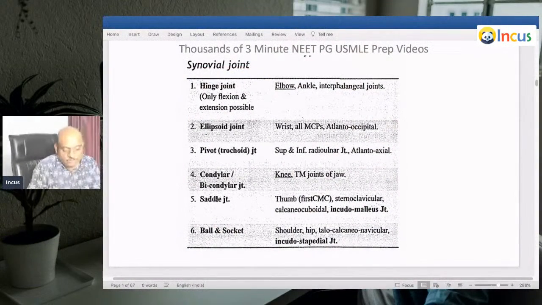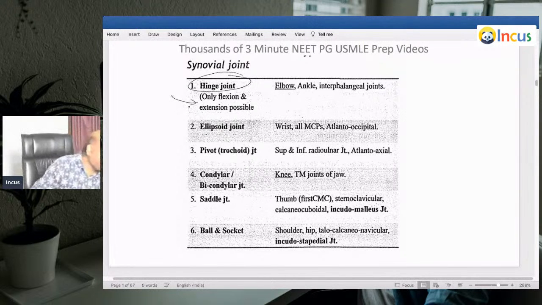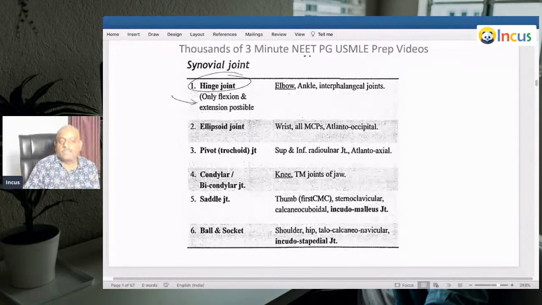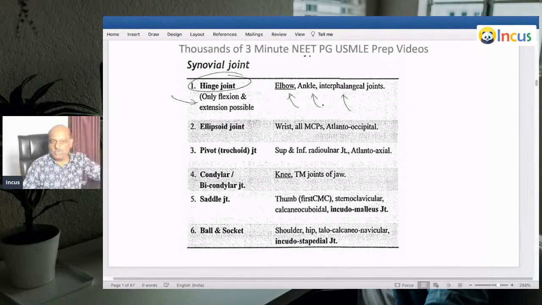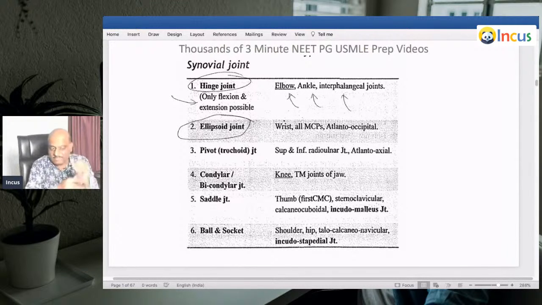So doctor, the types of joints is a favorite question of the examiner. Hinge joint, here only flexion and extension is possible: elbow joint, ankle joint, interphalangeal joint. Ellipsoid joint is found in the wrist.